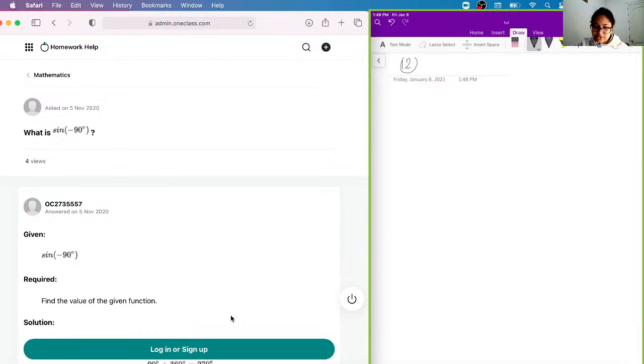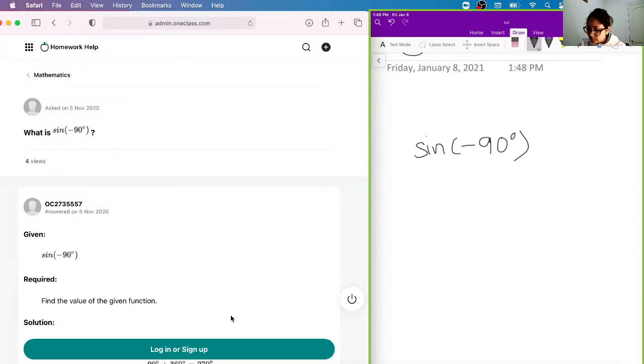Okay, so our next question says, what is sine of negative 90 degrees? So we have here sine of negative 90 degrees. And so we have to find the value which this equals to.